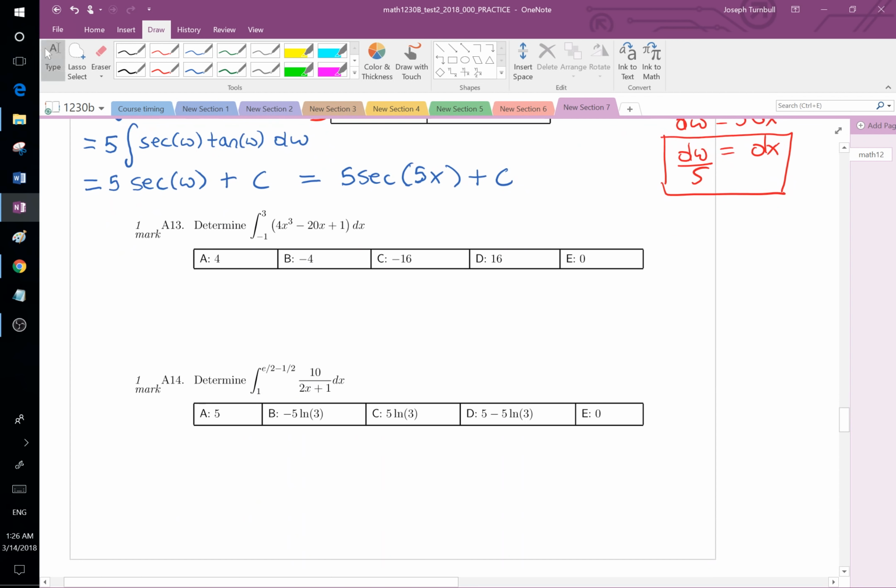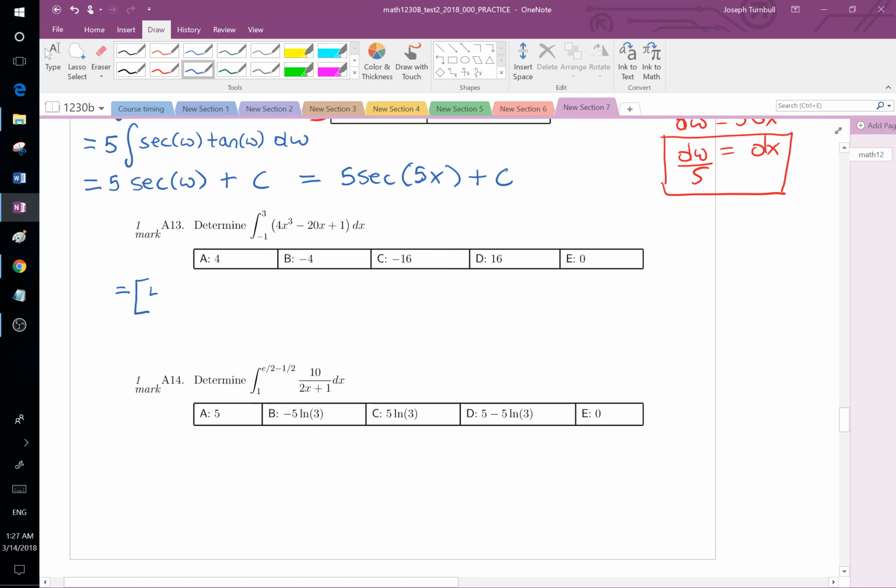Okay, number 13. This one's an antiderivative with bounds for integration, also called a definite integral. The way to solve these is to take the antiderivative, plug in the top number, plug in the bottom number, and subtract. So I'm going to take the antiderivative piece by piece.